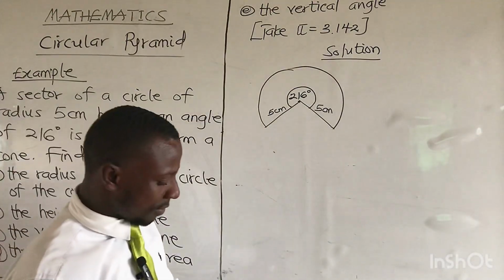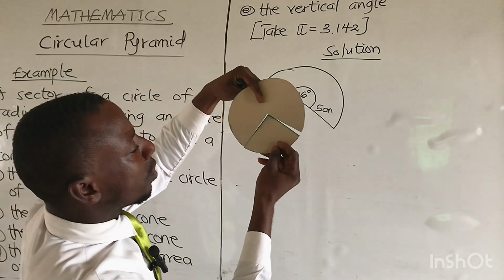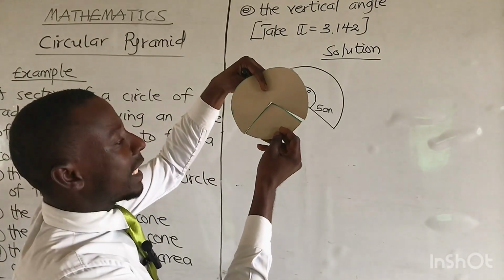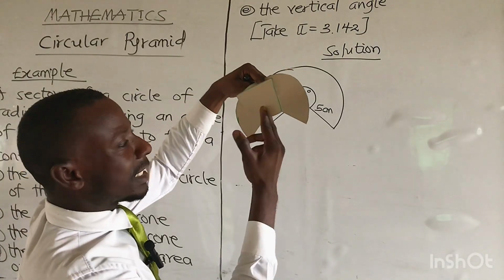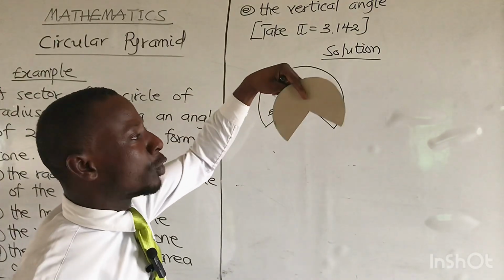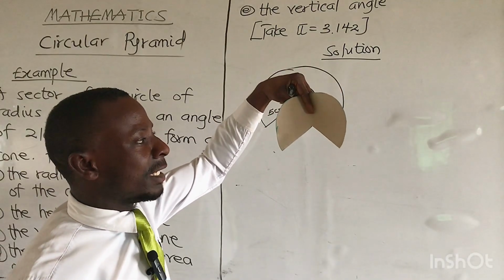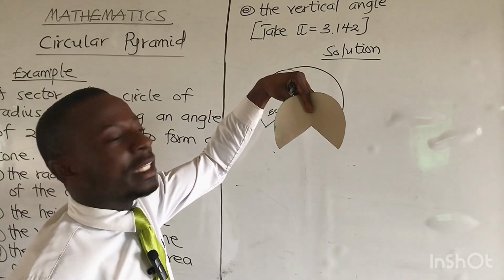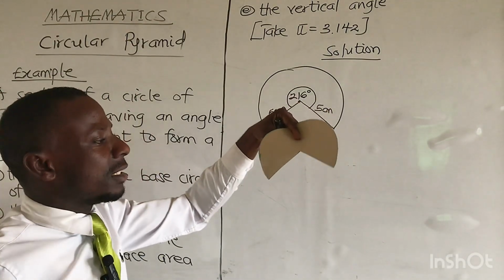So viewers, I have something to describe. So let's say this was the circle the question was talking about. Then this has been cut off. So it will be left with this sector. And this is a major sector. So this sector here is bent.